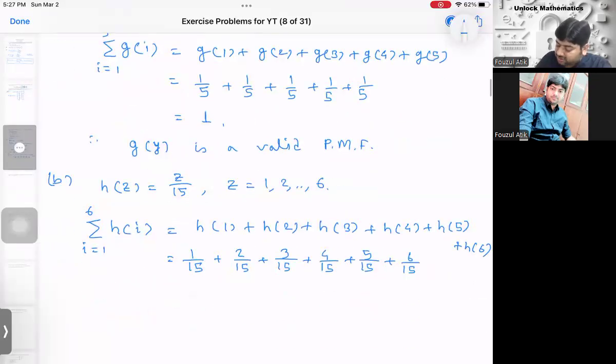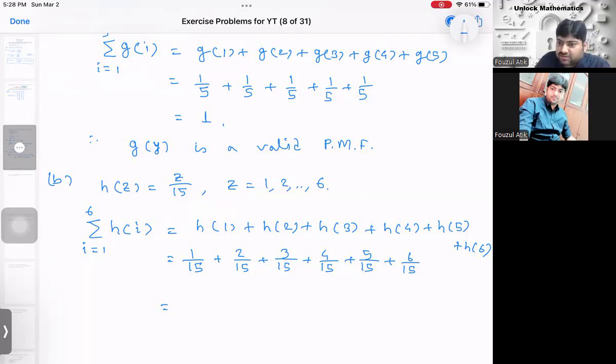Now what is the total value? All the denominators are 15, so the numerator is the summation of 1 to 6, which is n into n plus 1 by 2. Therefore, is it not 21? 6 plus 3, 9, 4, 13, 15, 18, 21.